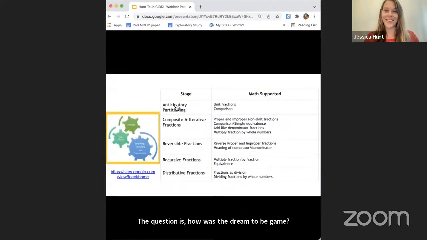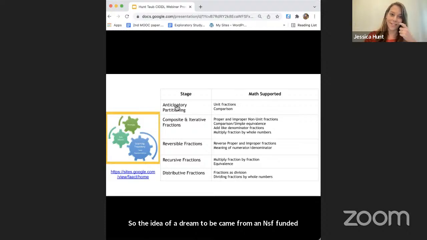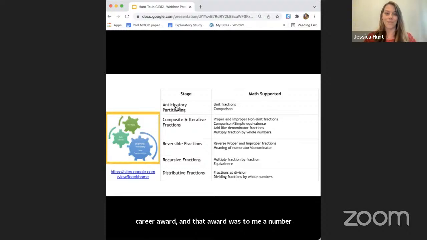All right, so the idea for Dream to Be came from an NSF-funded career award. That award was to me a number of years ago, and it was called Fraction Activities and Assessment for Conceptual Teaching. That was a longitudinal program that confirmed stages of fraction conceptions and procedural development along a trajectory.